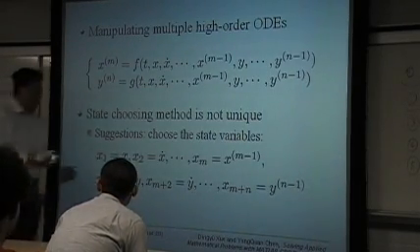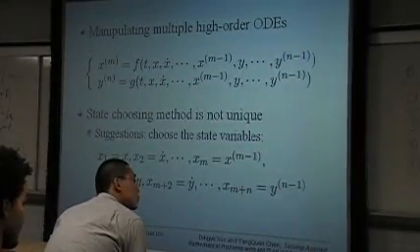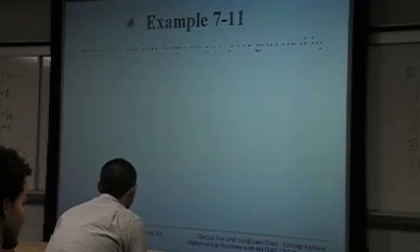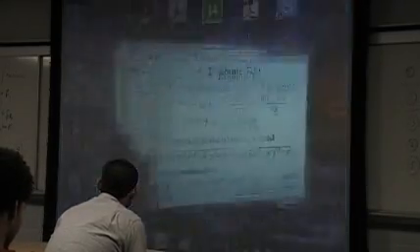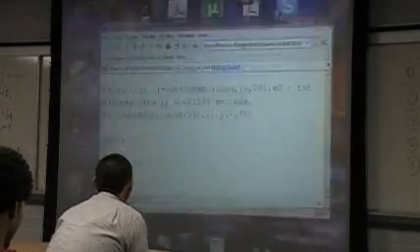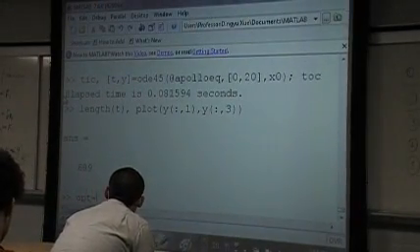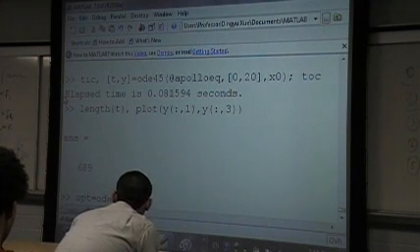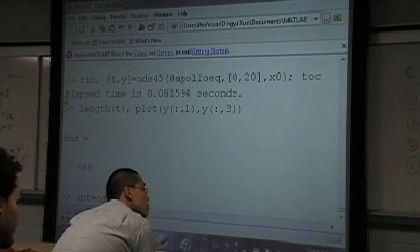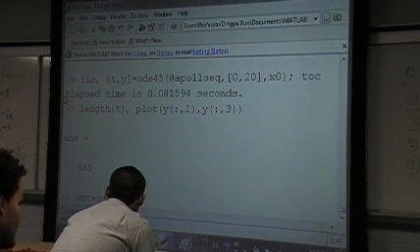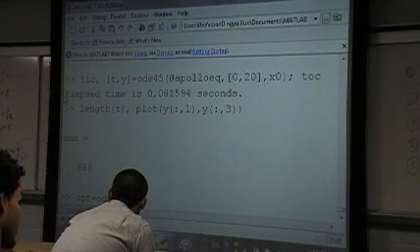And now let me show how we can check whether the result is correct or not, and how we can set the value of epsilon. OPT equals ODE set. Remember that I have talked about optim set, which is used for optimization. For ordinary differential equations, we have another template.